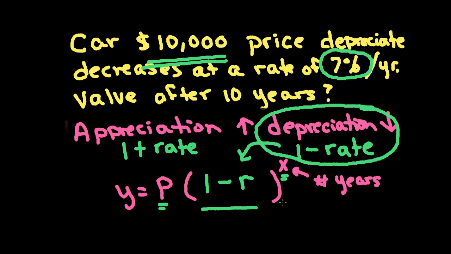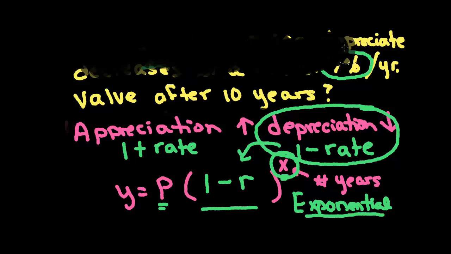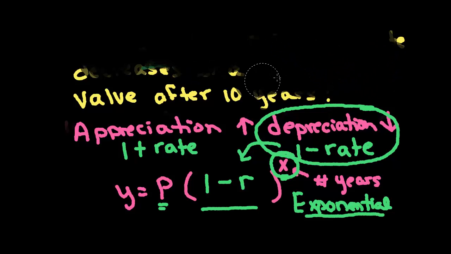It's because we're raised to the x power that our variable is up in the exponent position. This is why it is called an exponential equation. Exponential equations are equations where the variable x is up in the exponent position. So for this particular case, it becomes a very simple problem.